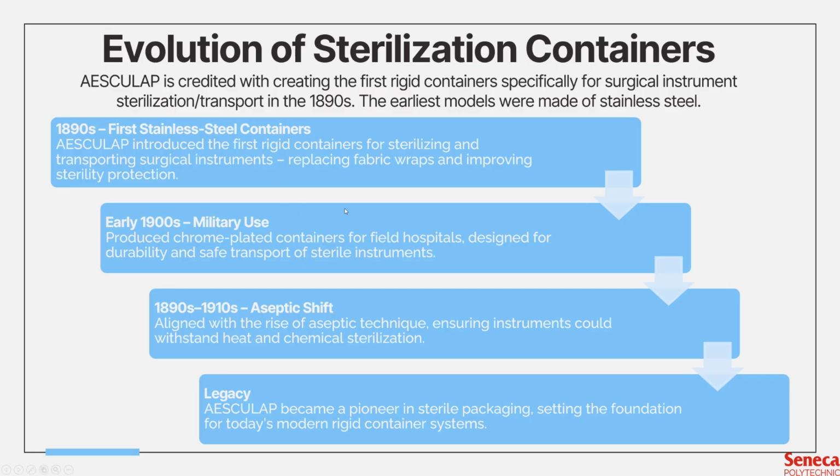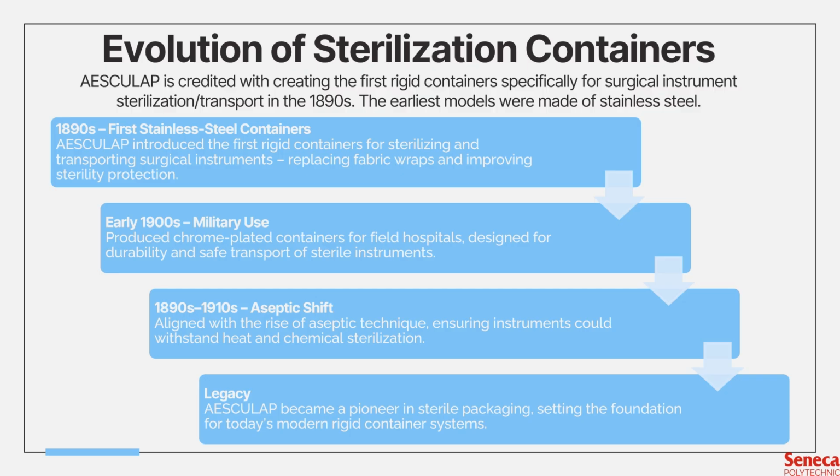The early models were made of stainless steel, which is heavy but very durable. They represented a major shift away from wrapping instruments in textiles or simple coverings. This innovation improved both protection and sterility assurance during transport and storage.